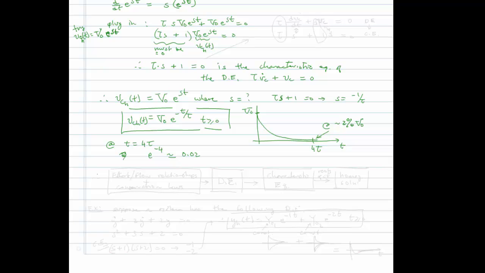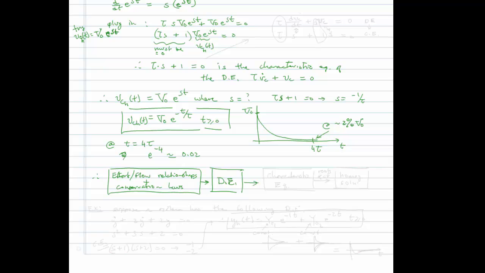So recapping, we see that if we use effort, flow, relationships, plus conservation laws, we can combine those to arrive at a differential equation.